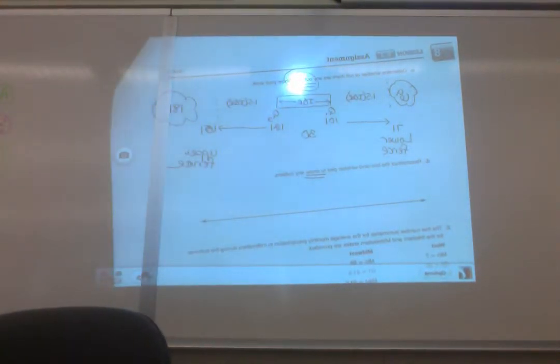Assignment. And Carnegie, Chapter 8. Page 104.